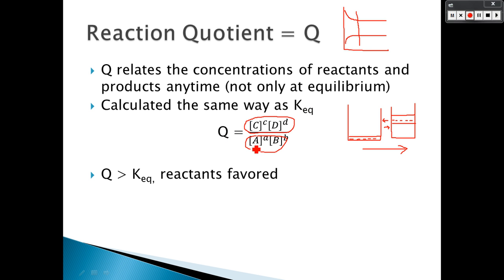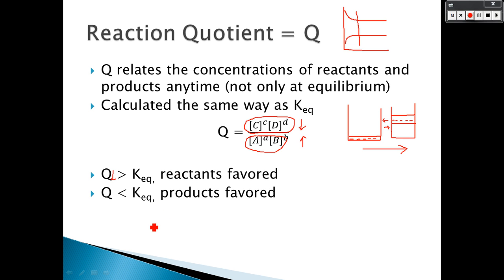And so, what the equilibrium will do, in order to get to equilibrium, is this number will drop and this number will rise so that Q drops since it's bigger than Keq. So that means the reactants are going to be favored, meaning the reaction will go to the left, meaning that reverse reaction will be faster than the forward reaction.